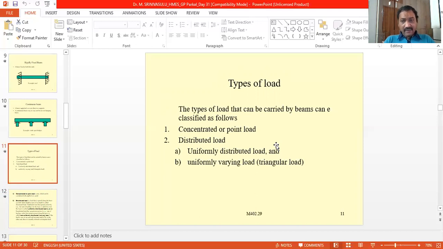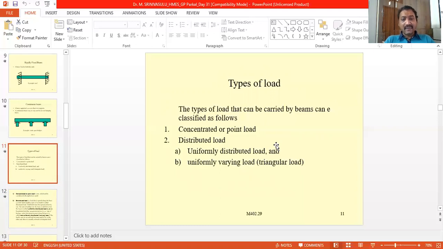Generally the load will be acting perpendicular to the axis of the member, then it is called a beam. So generally in the beams the load is acting at right angles to the axis of the beam, and the loads are of the following types.